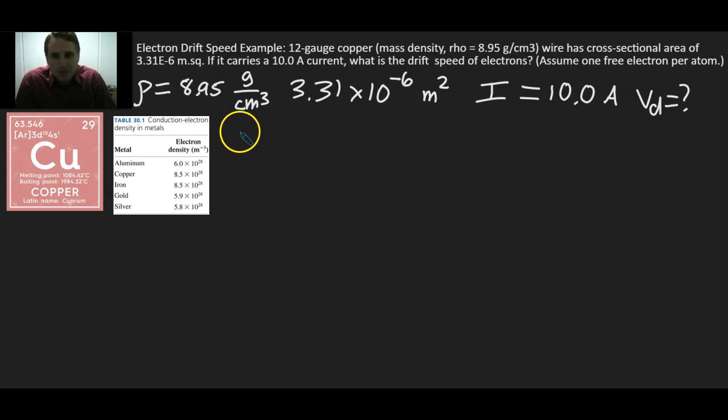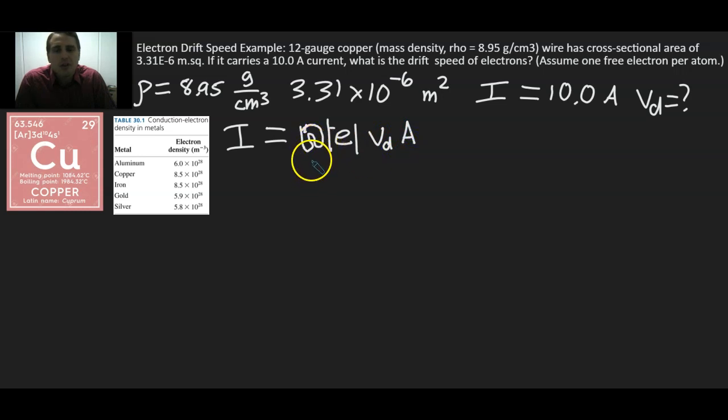And the equation looks something like this. Electric current times number electron density per atom, so that's this N, I'll come back to that, times the magnitude of the electric charges times the drift speed times the cross-sectional area.